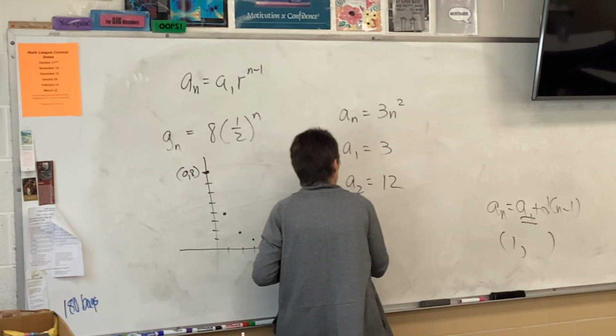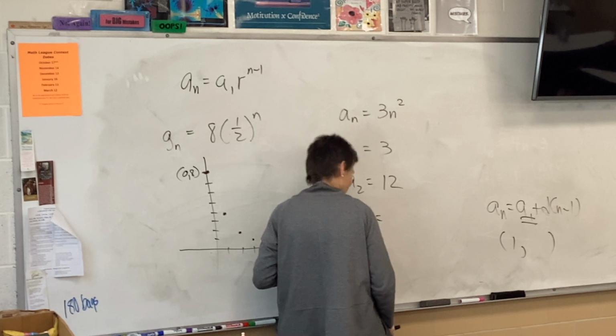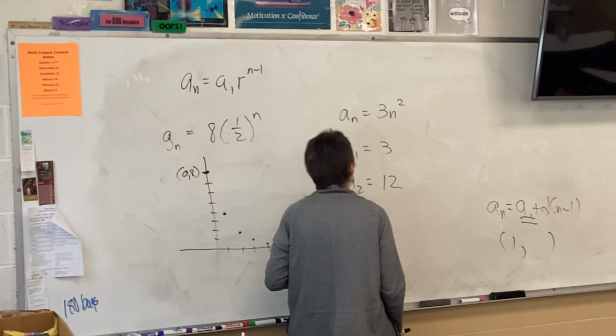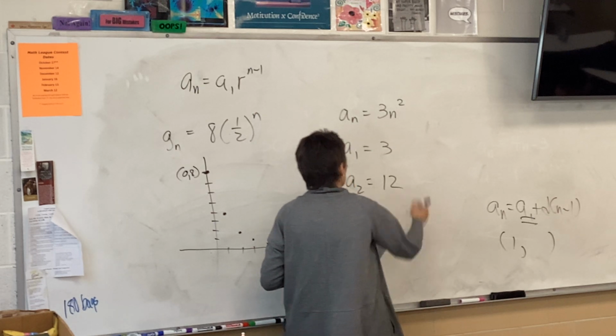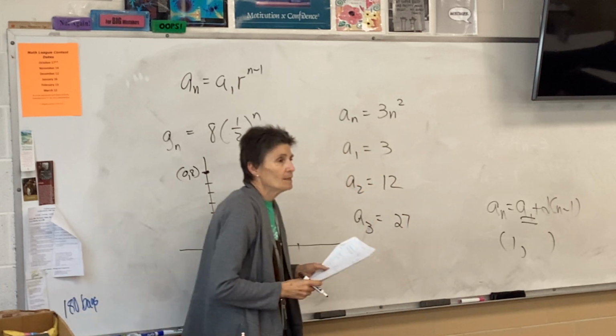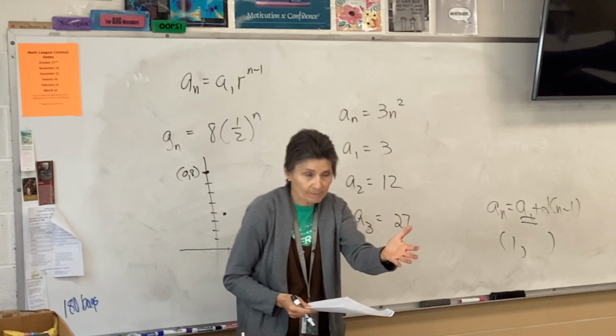Well, one more, third term? Not 28, not 48. 3 squared is 9 times 3 is 27.